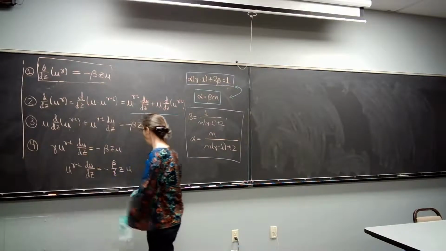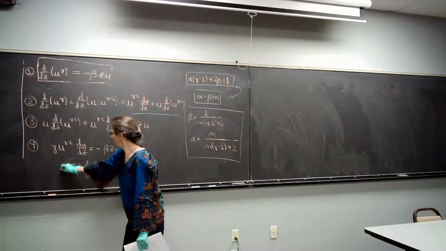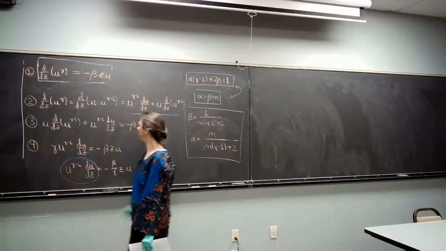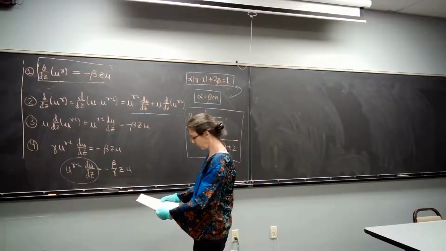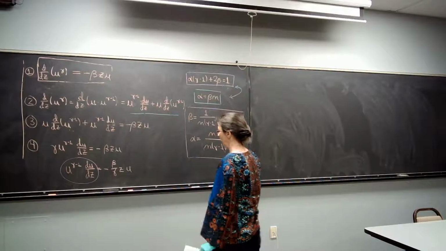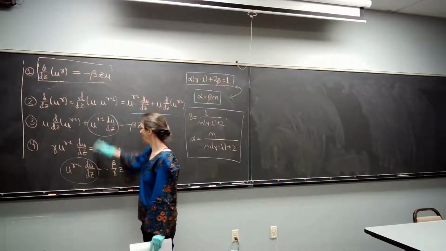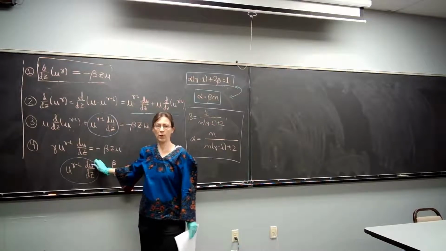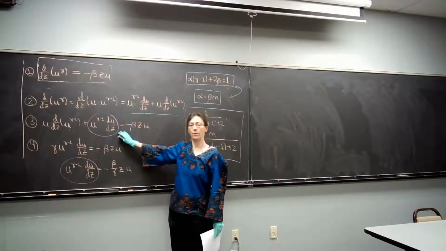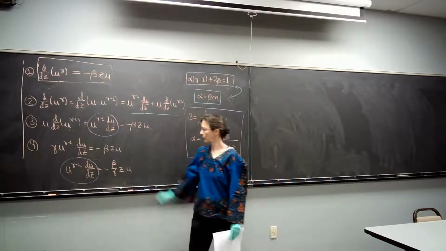And now you see that what appears here on the left-hand side of line 4 is the same as this term that appeared on the left-hand side in line 3.